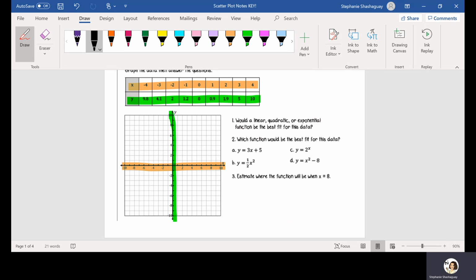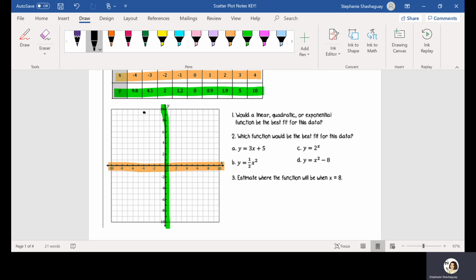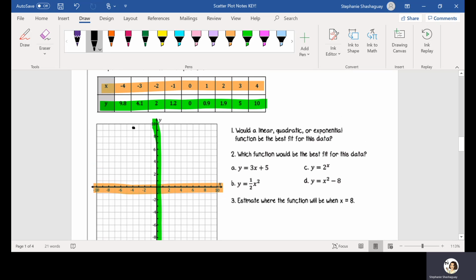So where my x is -4, my y is going to be 9.8. So -4, 9.8, about right there. I'm going to zoom in just a little bit more. At -3, we're at 4.1. So -3, 4.1, about right there. -2, we're at 2, right there. -1 on my x, 1.2 on my y, about right there.